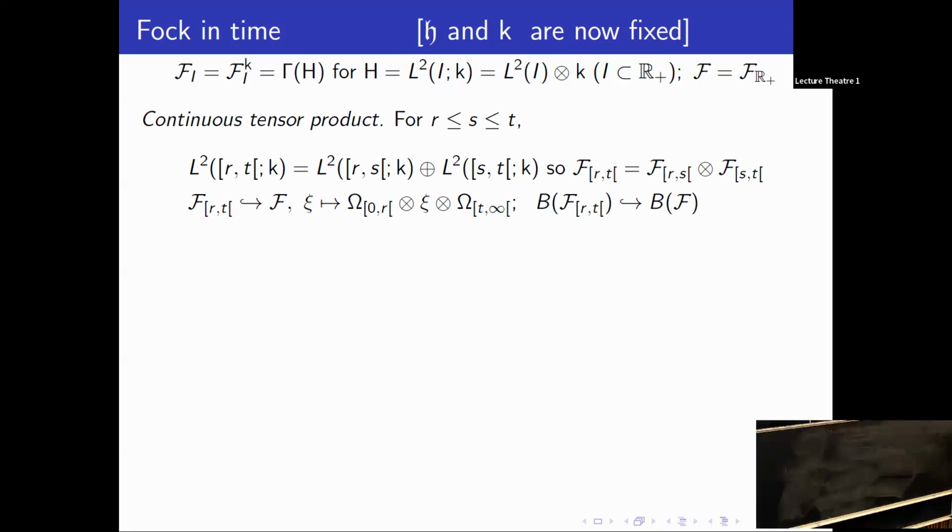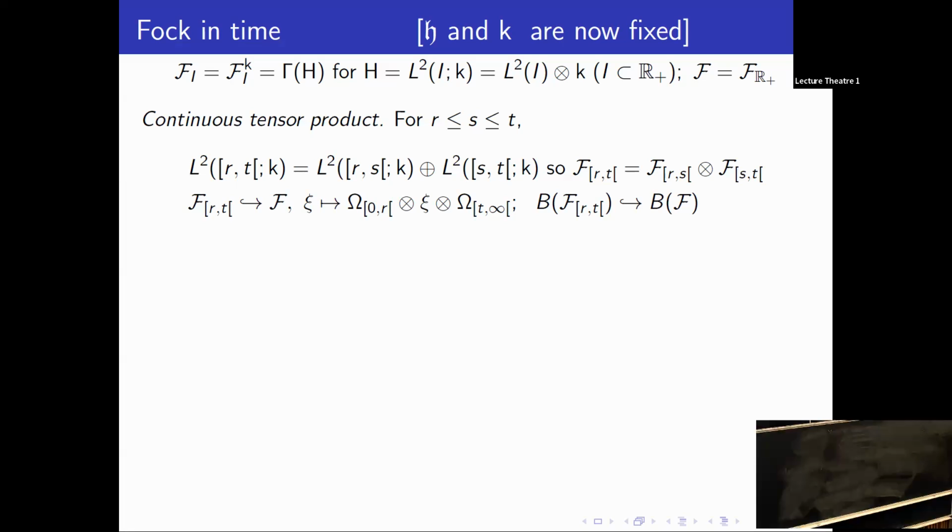And because of the exponential property of Fock space, for every r less than s less than t, we have this direct sum decomposition of the spaces. So exponentiating that, we get a tensor decomposition of the corresponding Fock spaces.